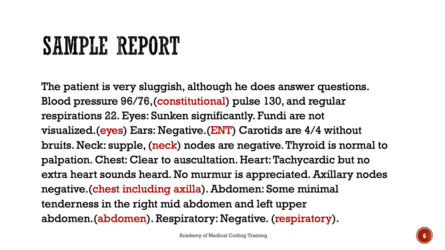So you can see here is a mix of both body areas and organ systems. If we count the number, then we can see one is the constitutional, two eyes, three ENT, four neck, five chest, six abdomen, and seven respiratory. So the total count is seven.